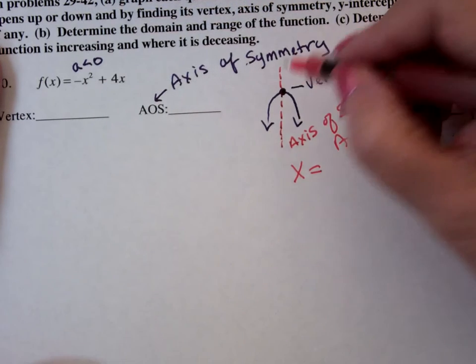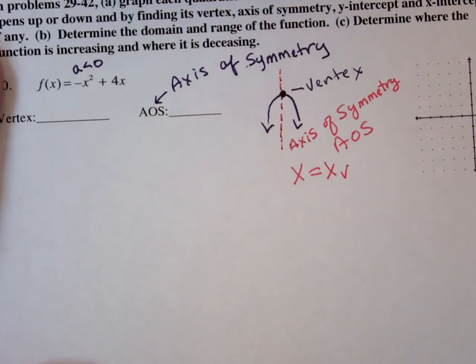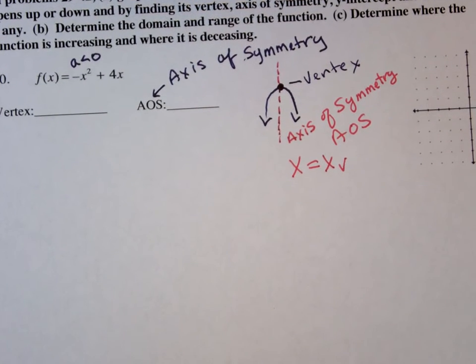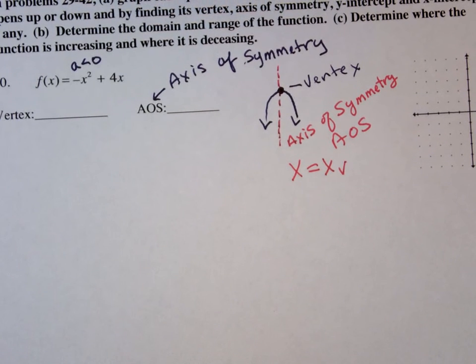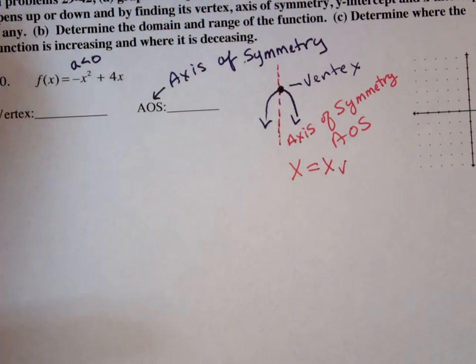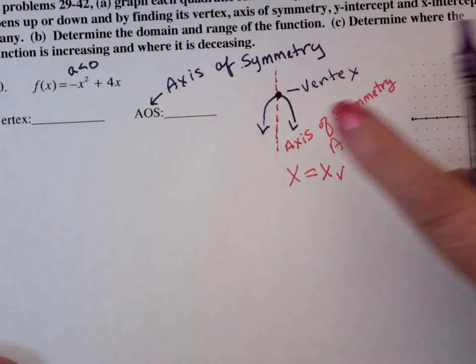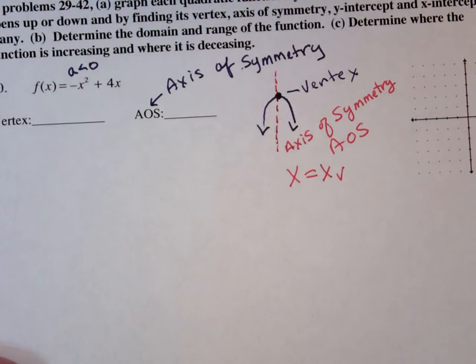It goes through the vertex, so it's x equal the x coordinate of the vertex. Now this is going to come back to haunt us again in chapter 5 when we study conics. So that's what it means by AOS. It is just the x coordinate of the vertex.